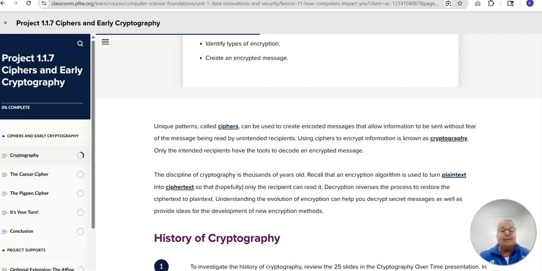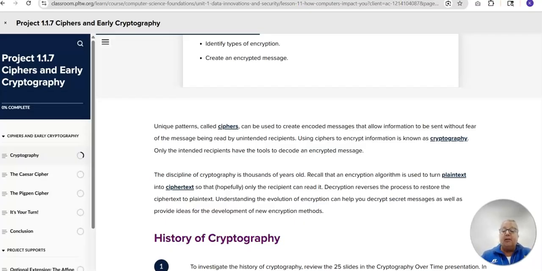Only the intended recipients have the tools to decode an encrypted message. The discipline of cryptography is thousands of years old. Clear back like when Egyptians were building the pyramids and a time period when they were trying to protect information, they did it in cryptography so that other people couldn't get their information and steal their secrets.